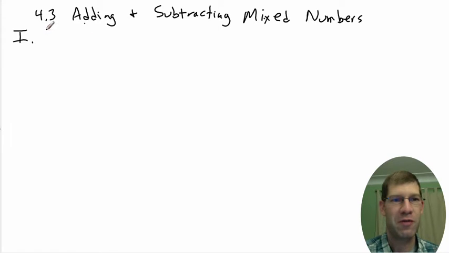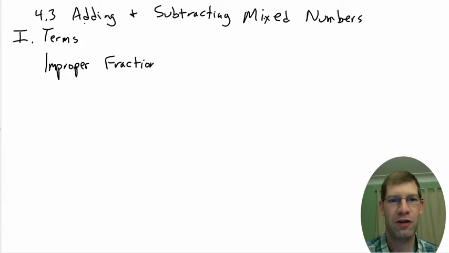But I'm going to start with Roman numeral 1 and just say terms, just in case either of those are unclear with exactly what they are. So for the terms, I'm going to start out with my improper fraction. In an earlier section we talked about the top of a fraction being the numerator, the bottom of a fraction being the denominator.